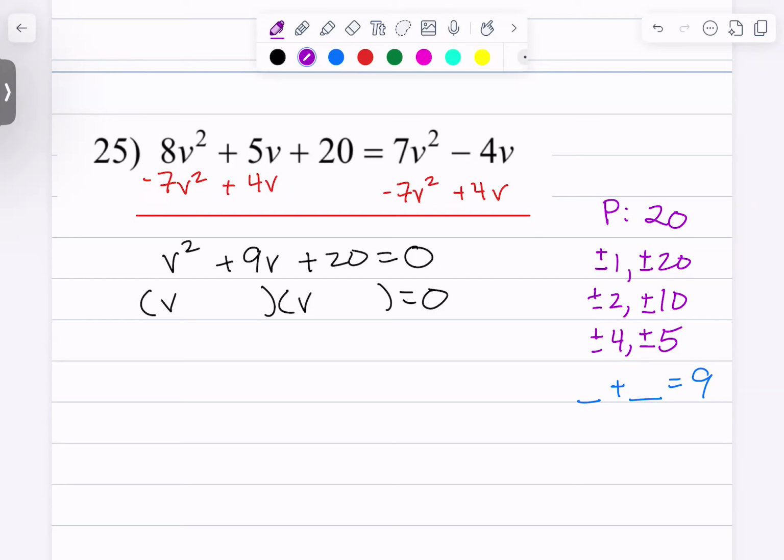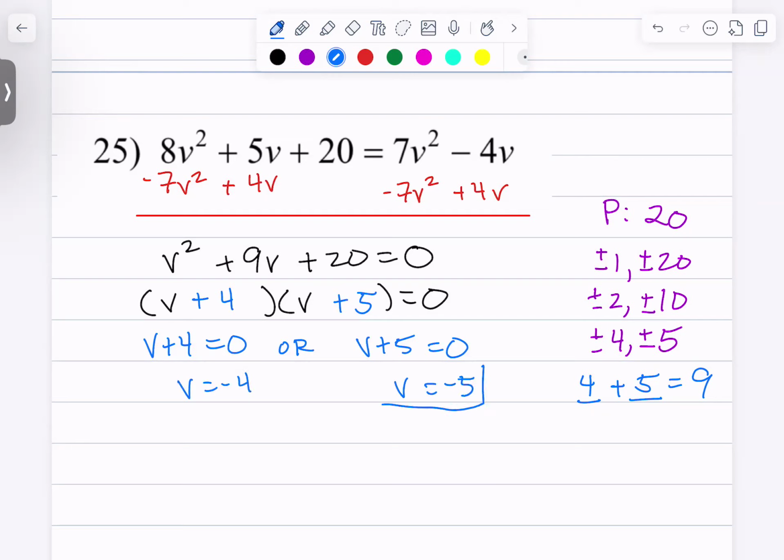Yeah. Okay. So what are those two numbers that add up to 9? 4 and 5. 4 and 5. So plus 4 plus 5. So v plus 4 equals 0, or v plus 5 equals 0. So v equals -4 or v equals -5. When we're solving for v, right?